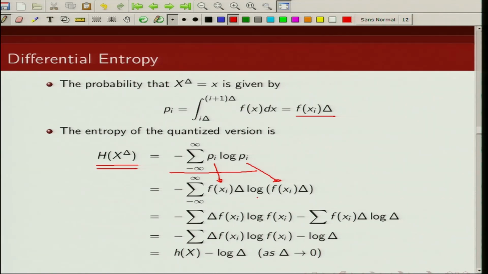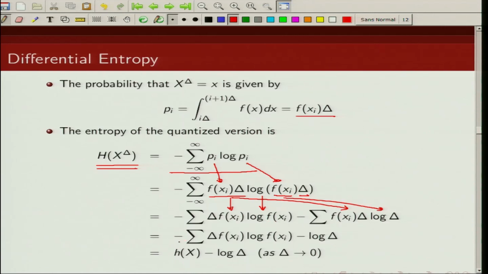So here we have log of A times B, that form. So this can be written as log of A plus log of B. So then log of f of xi delta can be written as log of f of xi and log of delta, and this comes here, this comes here.